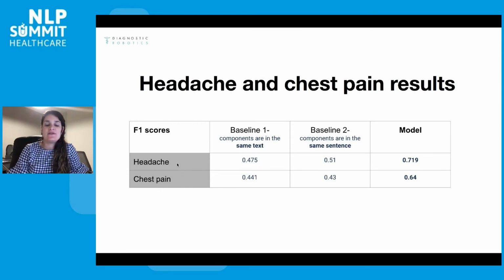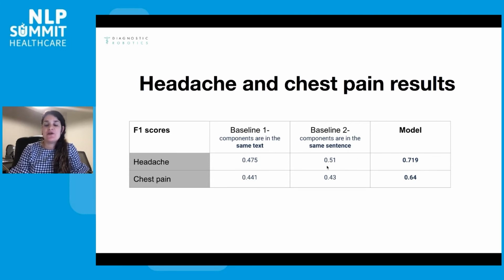We found out that if we take the components of headache that are mentioned in the same text or in the same sentence, we got a 51% F1 score. But the model gives us a 72 F1 score, which is absolutely 20 more points to the F1. So it's a big improvement.